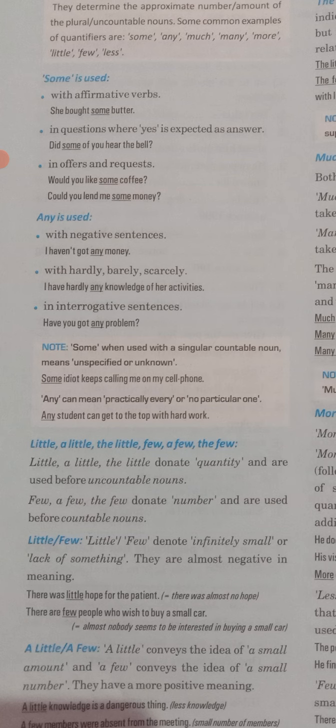We also use any for interrogatives. For things which are not possible, for negative sentences, we will use any. For example: I have not got any money, a negative statement. Have you got any problem? For interrogation you are using any.